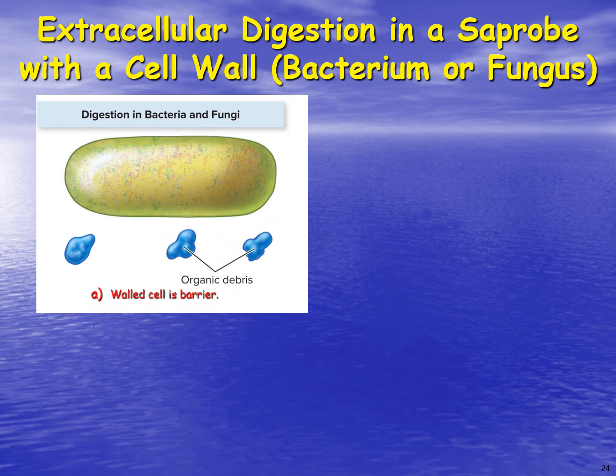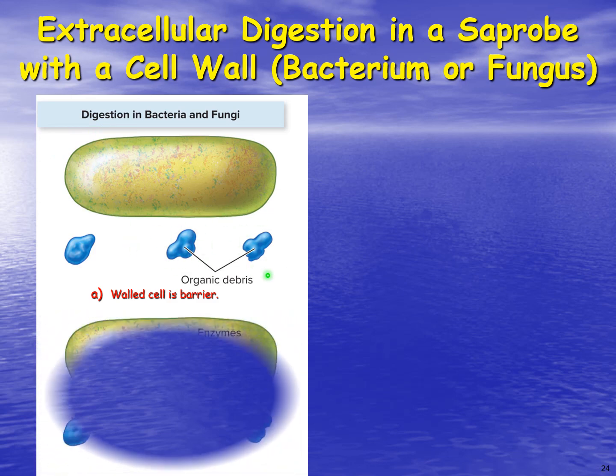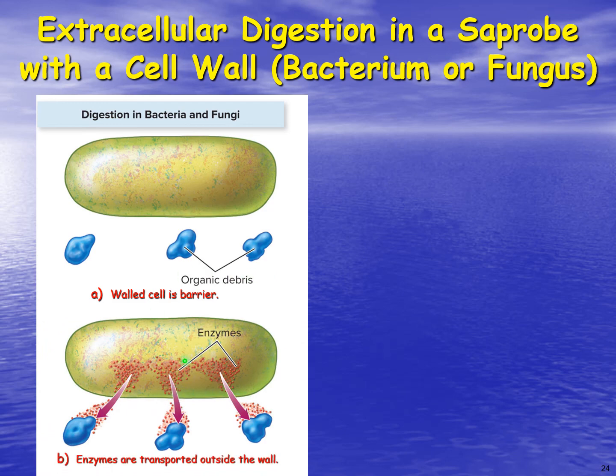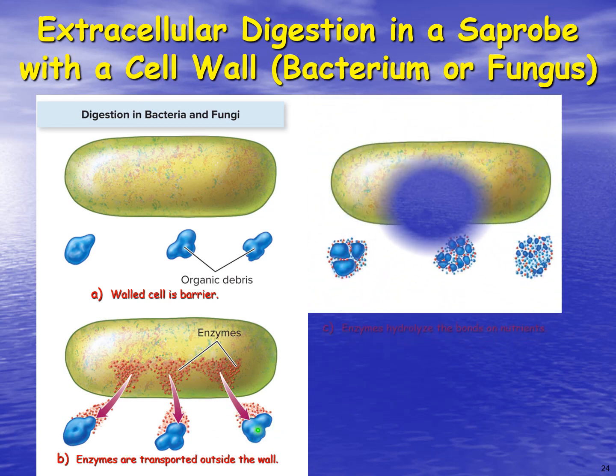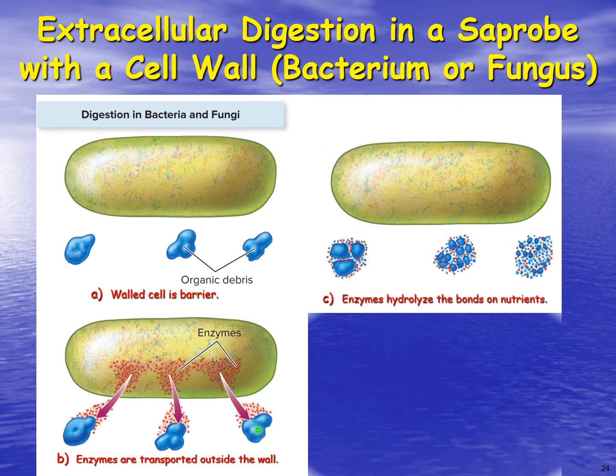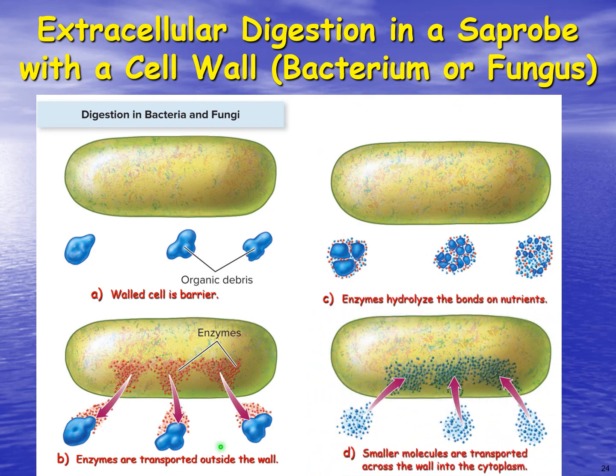So this is just showing, here's some organic debris, and this cell wall is really a barrier to these large molecules. So the organism will produce digestive enzymes that are transported to the outside and break down that organic debris into much smaller particles, which can then be transported across the cell wall and the cell membrane into the cytoplasm of the cell.